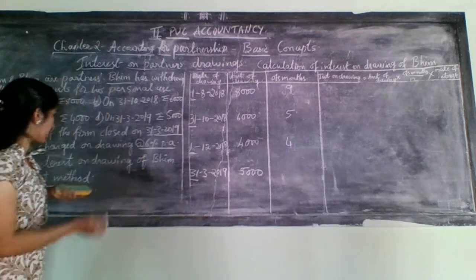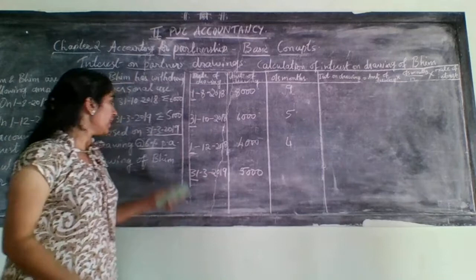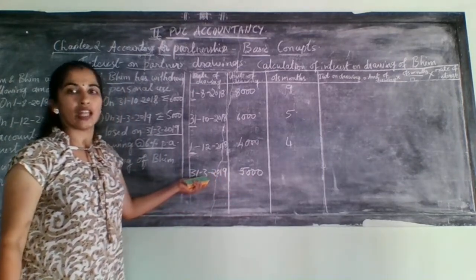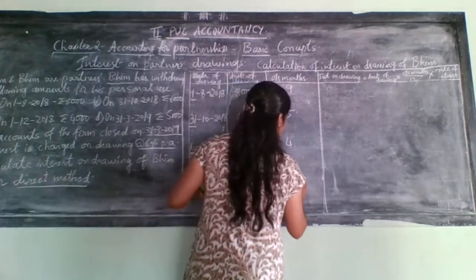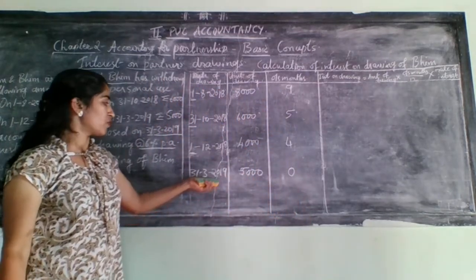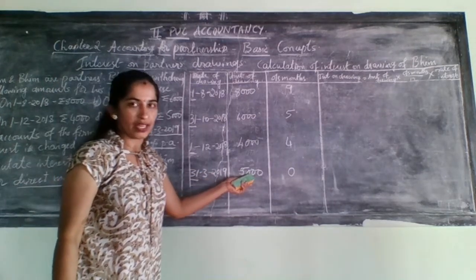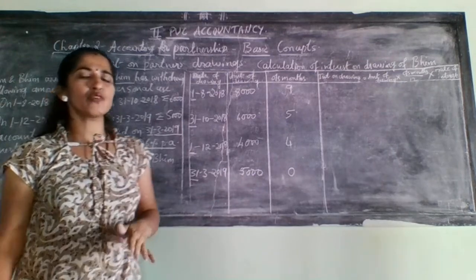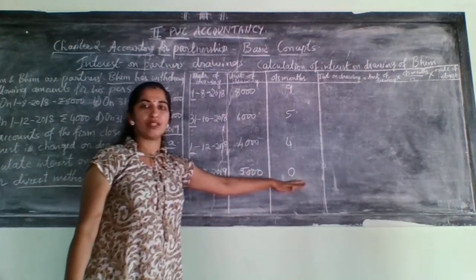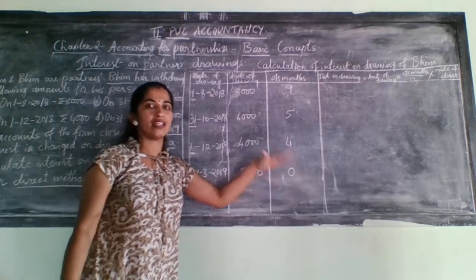Our year ending date is 31st 3, so in this year, no need to charge interest on drawing for this amount because this is the last day of the year. That's why here no outstanding month at all, for 31st 3 2019 for rupees 5,000. When the amount was withdrawn at the last day of the year, no outstanding month will be there and you can't charge interest on drawing for this in that year.